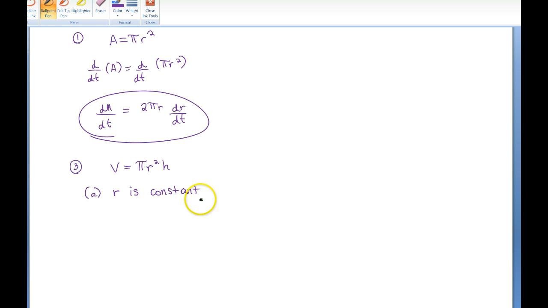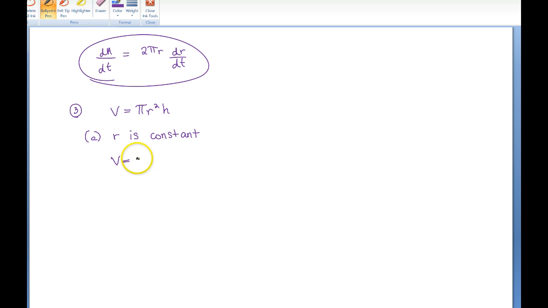So think of V equals pi r squared h. This whole thing is a constant, it's a coefficient. So really when I do the implicit differentiation, I'm just going to do the derivative of V and the derivative of h, and we leave pi r squared alone. Does that make more sense now?